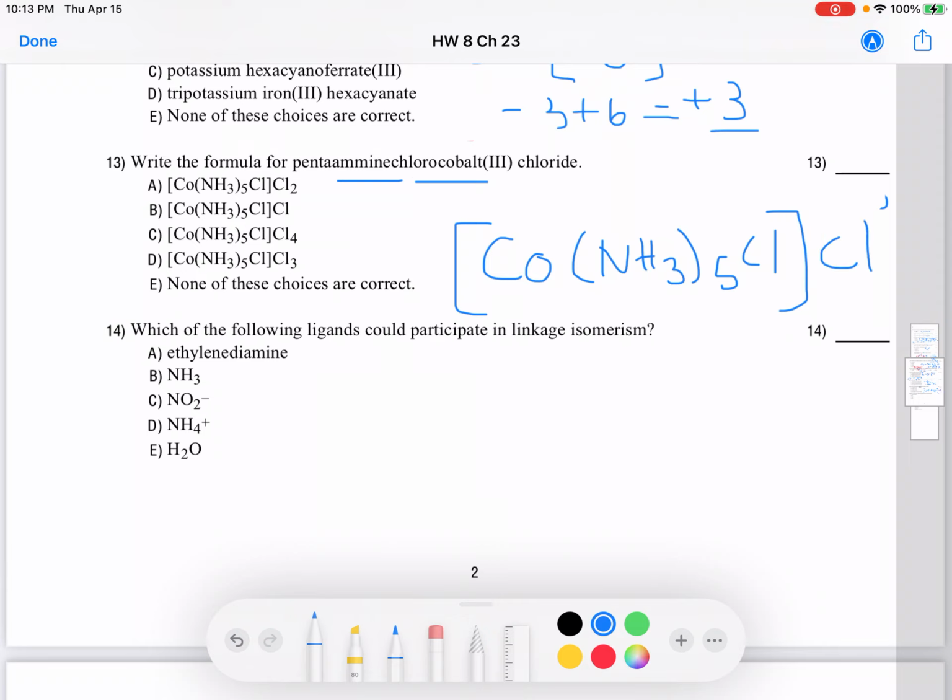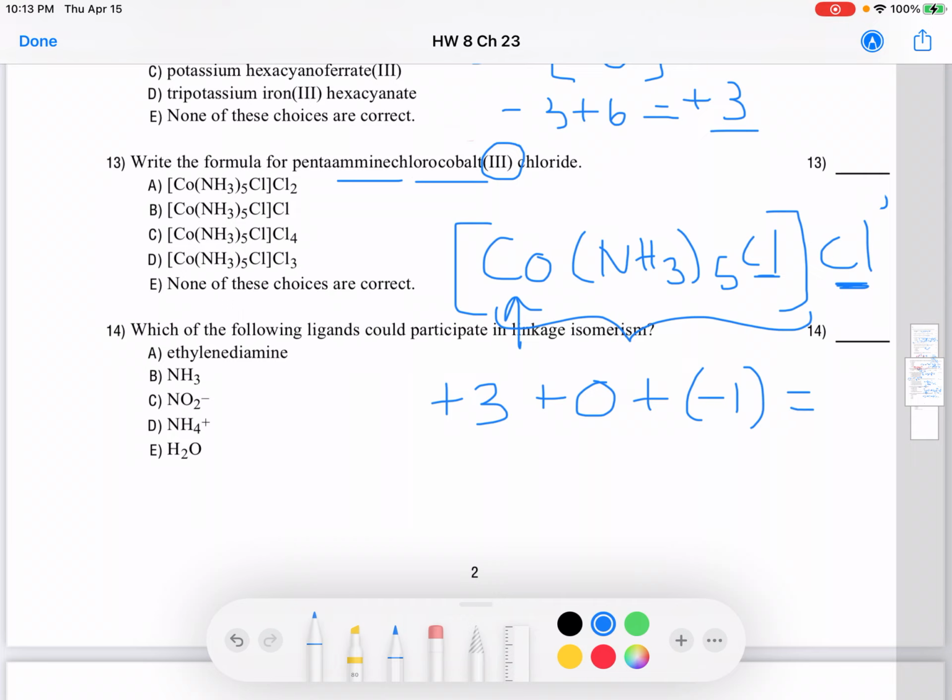Now we need to see how many chlorides are going to be there. To do that, we need to find the charge of this complex cation. It says the cobalt is +3. Ammonia is a neutral ligand, 0. And there is one chloride group in the complex cation, so its charge is -1.